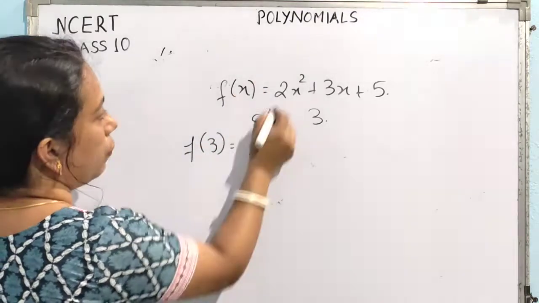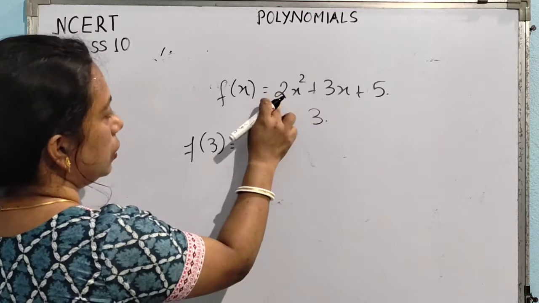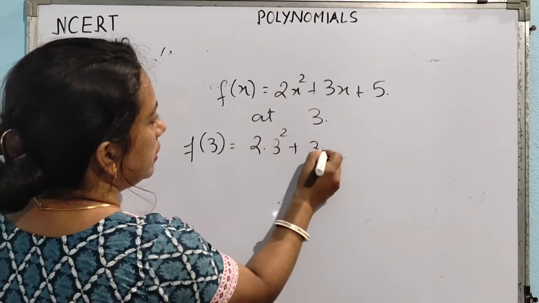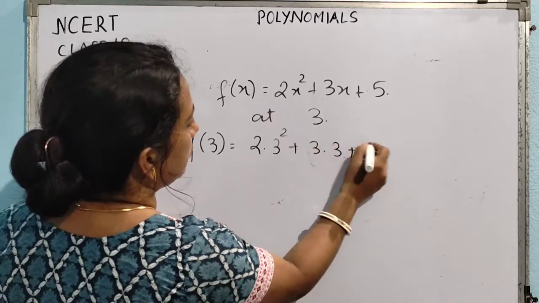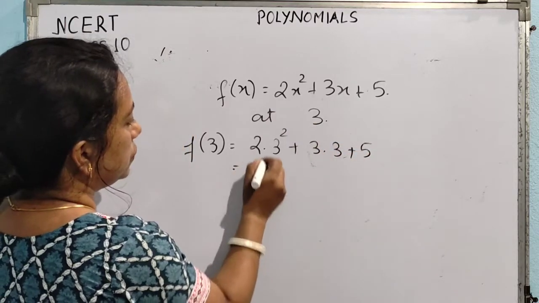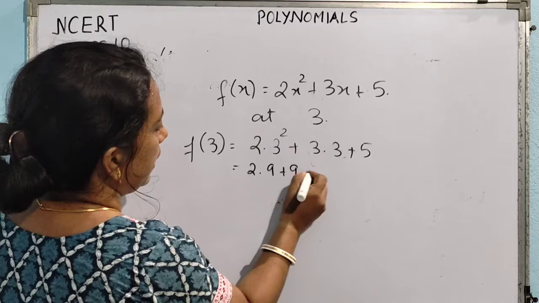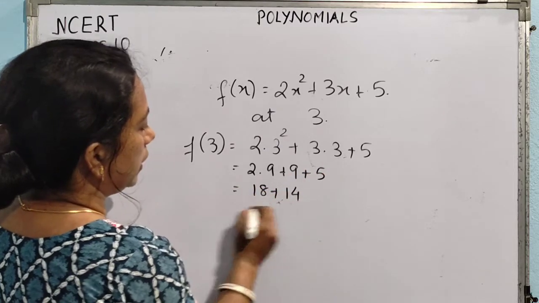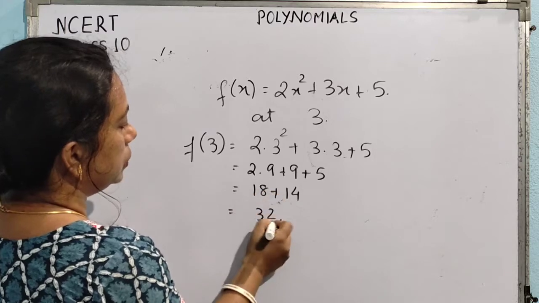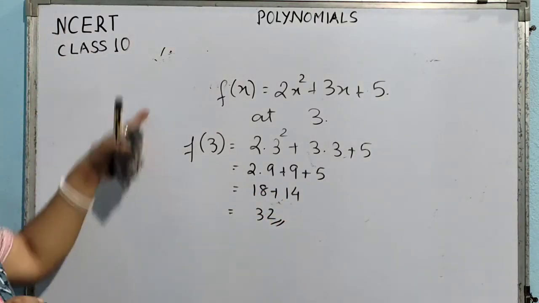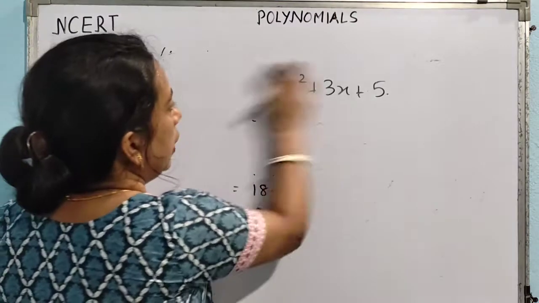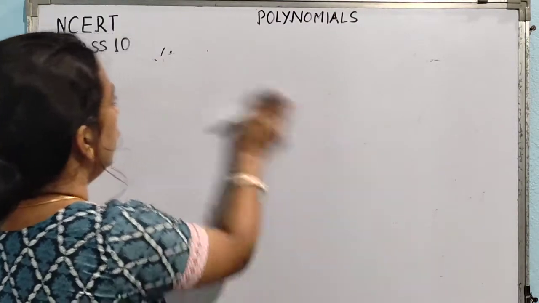So in place of x we will be putting 3. 2 into 3 square plus 3 into 3 plus 5. 3 3s are 9, 9 2s are 18, plus 9, plus 5, that is 32. So this is the value of the polynomial f of x at 3. Now you have understood what is the value of a polynomial.